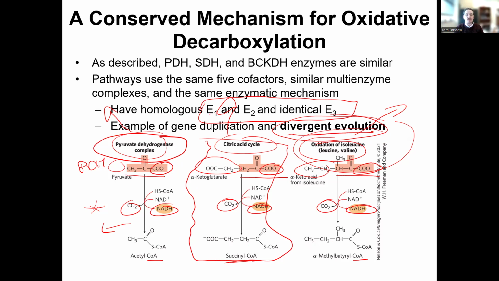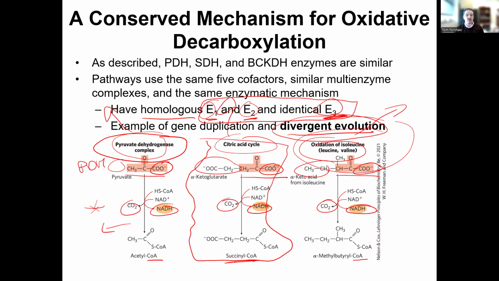Of the three subunits, E1, E2, and E3, E3 is pretty much the same between the different complexes. E2 is a little similar, a little different, and E1 is a little bit more different. Still, they are homologous. That means they have some similarity in what they do and their structure, but perhaps the sequence is quite different.